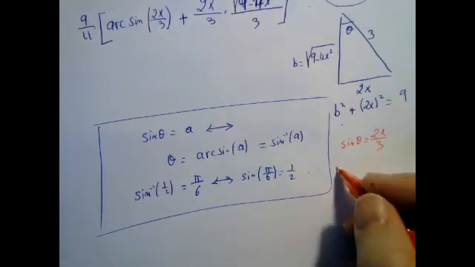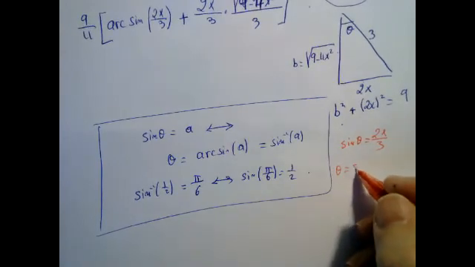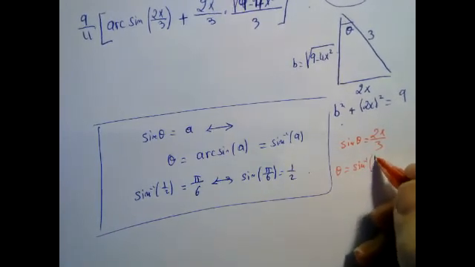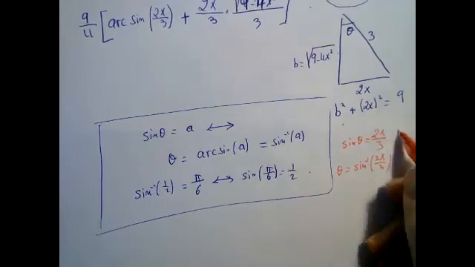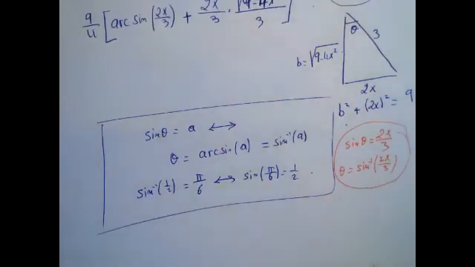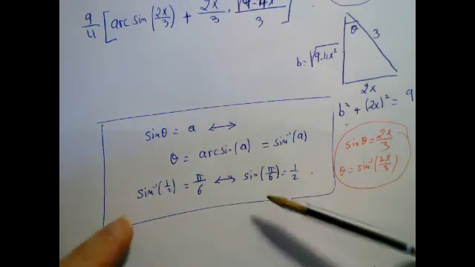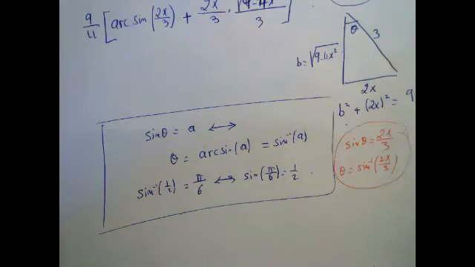It means theta is the inverse sine, or the arc sine of 2x over 3. Okay, yeah, that makes more sense.